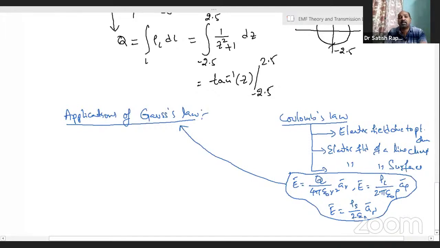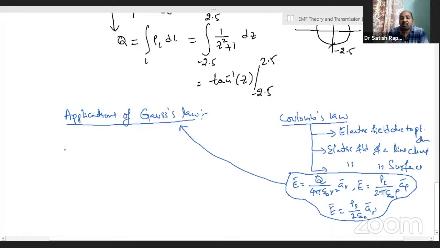But using Gauss law, the procedure will become very simple. Using a simple procedure, we can derive these three equations. So in applications of Gauss law, once again, we will derive these equations in a simple manner.